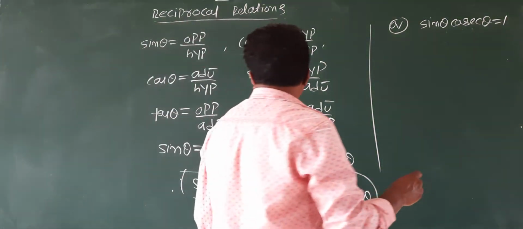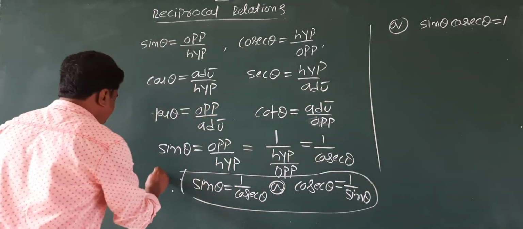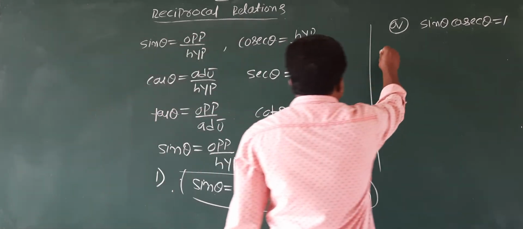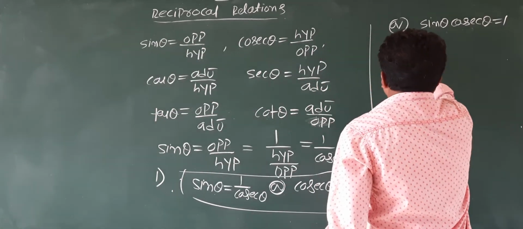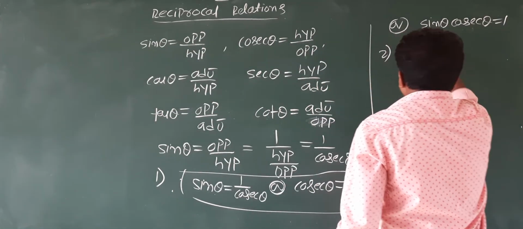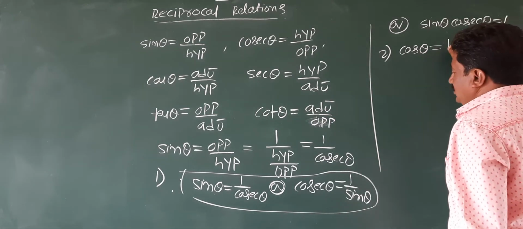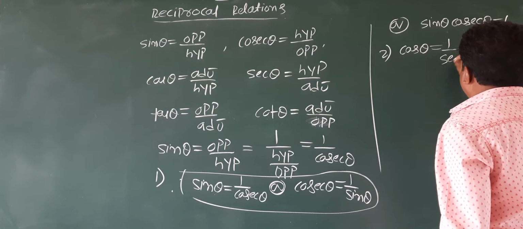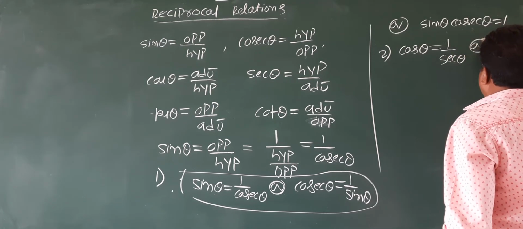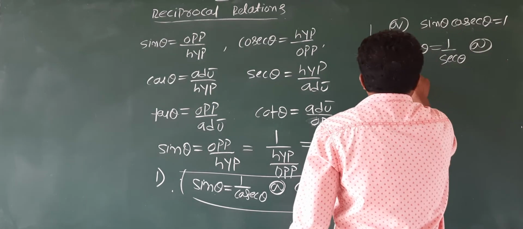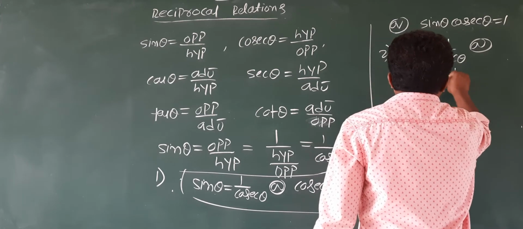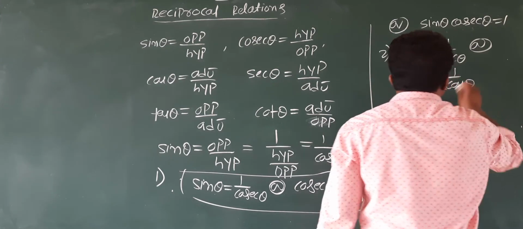Similarly, I write directly. Second one, cos theta is 1 by secant theta, or secant theta is equal to 1 by cos theta.